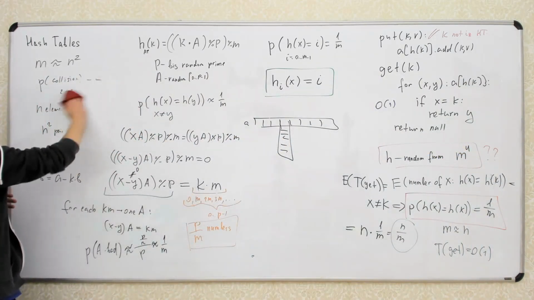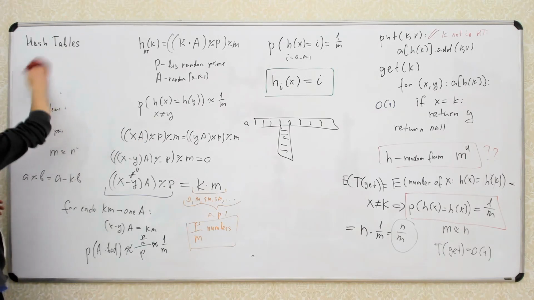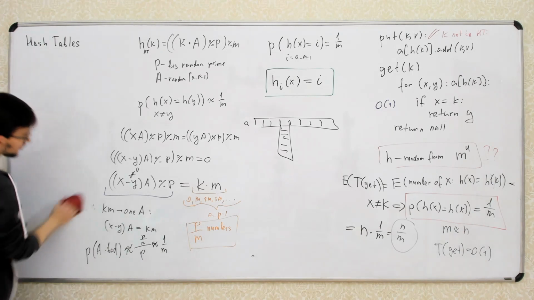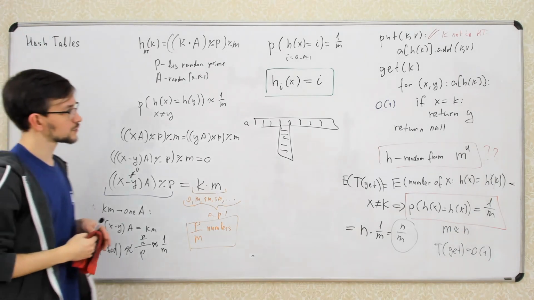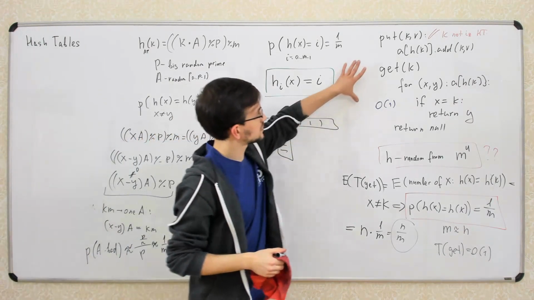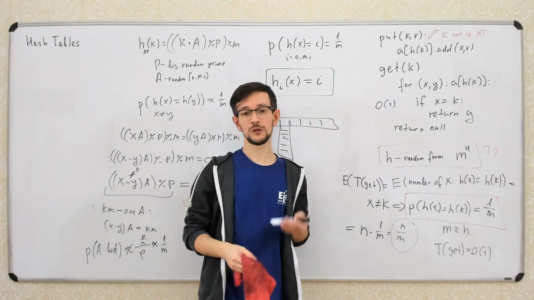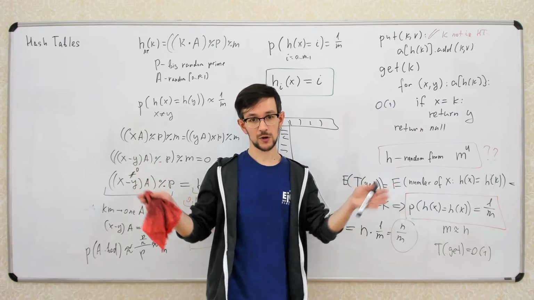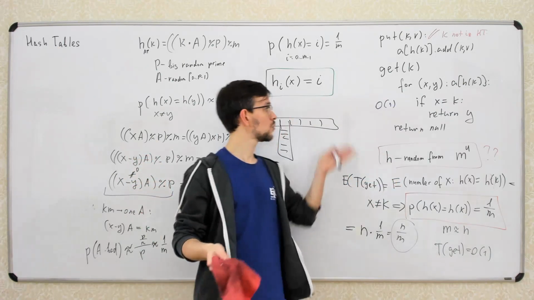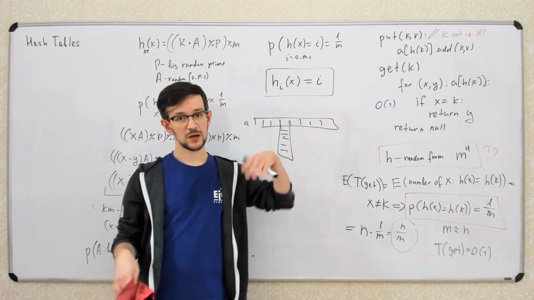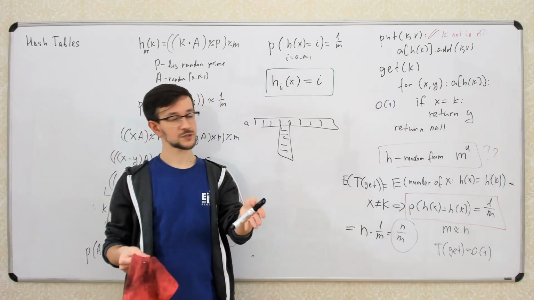The next thing I want to talk about is a little bit different approach to handle collisions. Again, collisions happen. You cannot avoid collisions. If you want to avoid collisions, you need an array of size n squared, and you cannot have that, so you need some mechanism to deal with collisions.